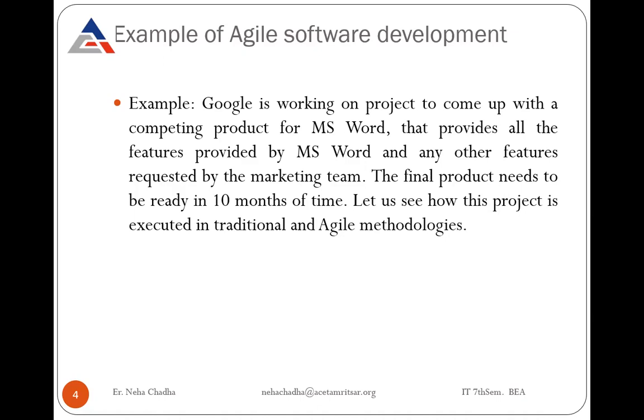The final product needs to be ready in 10 months of time. Let us see how this project is executed in traditional and agile methodology. By comparing both methodologies, we will find out how the completion of the final product goes on.